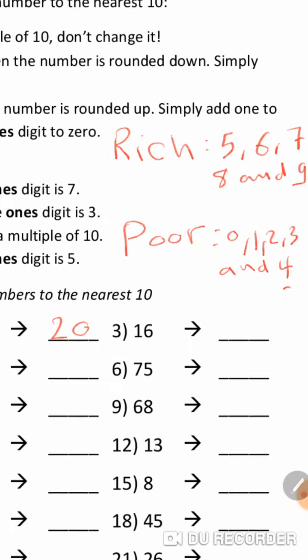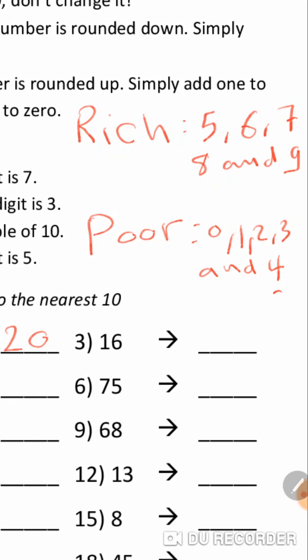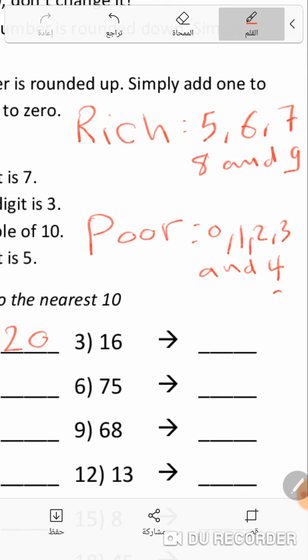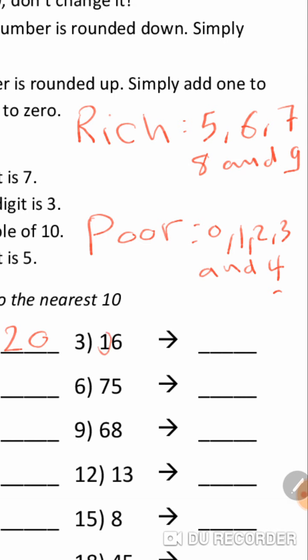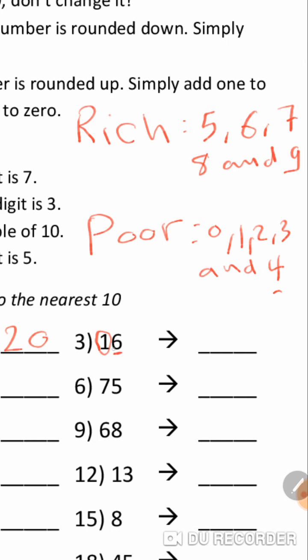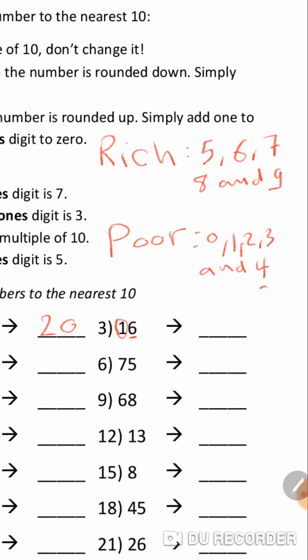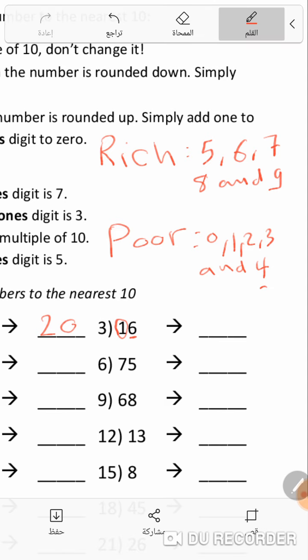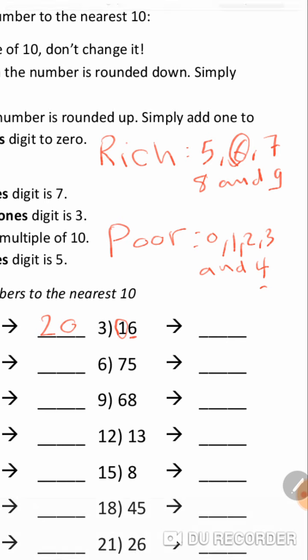16. I want to round number 16 to the nearest 10, which means I will round number 1. Number 1 now needs money. It will ask the next door number. Where is the next door number? 6. Now, 6 rich number or poor number? Yes, I can find number 6 in the rich numbers.